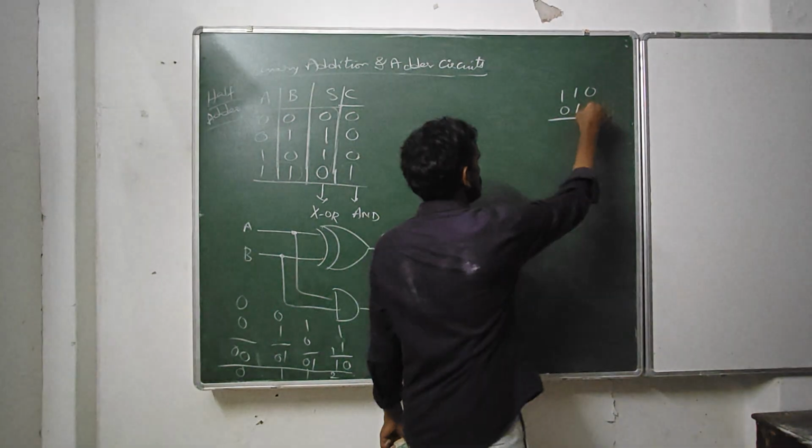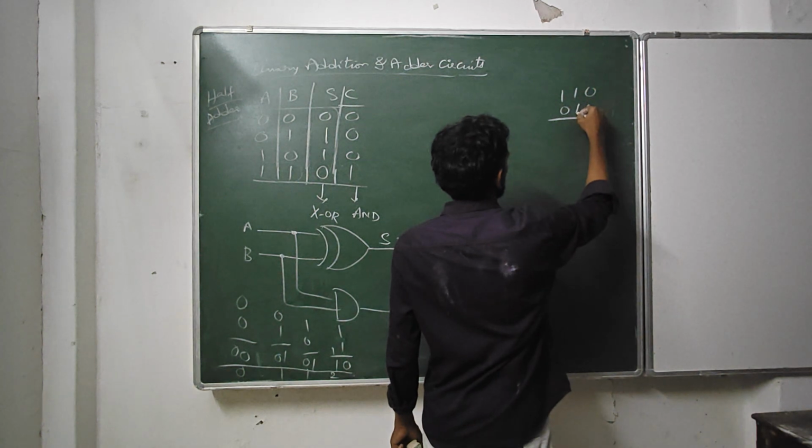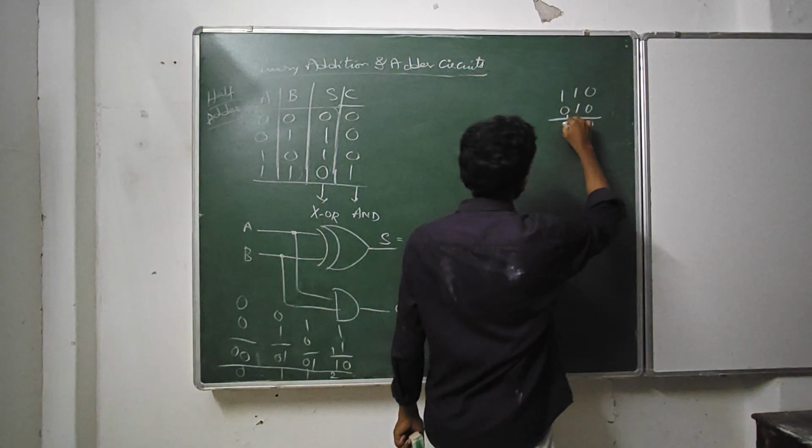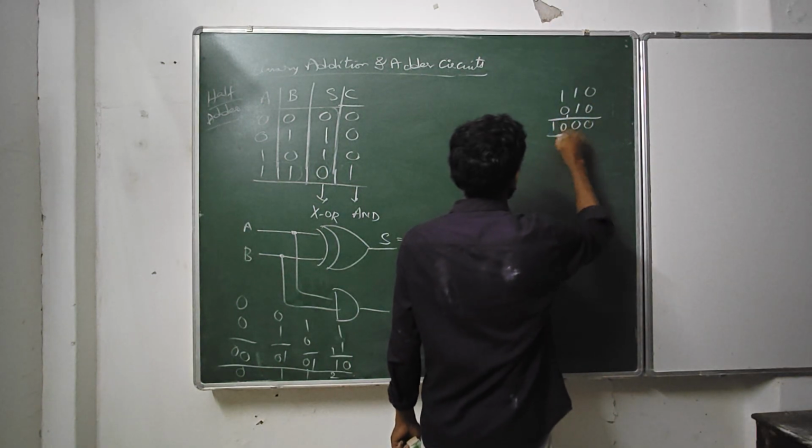What do you do? We'll add these two. Here it is 0. There is a carry. So this is also 0. This is the result.